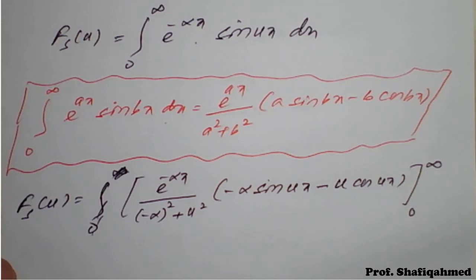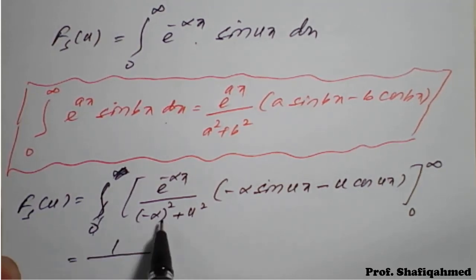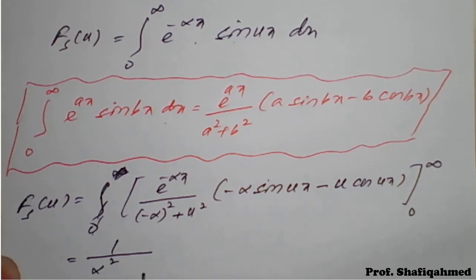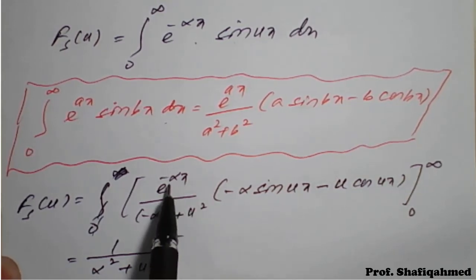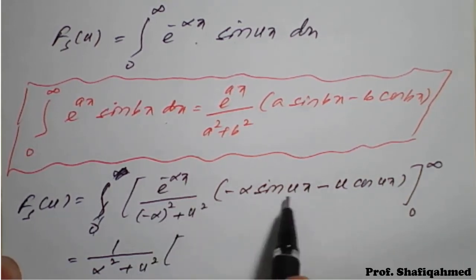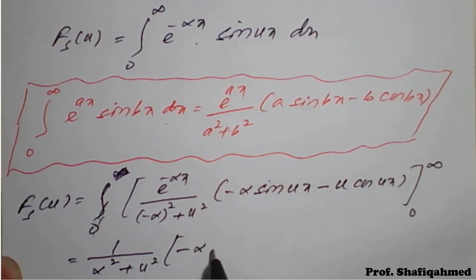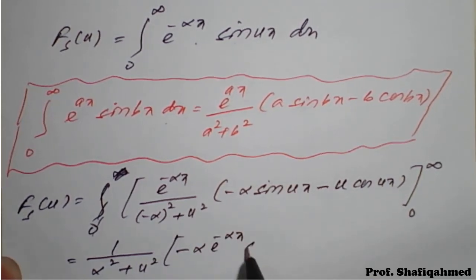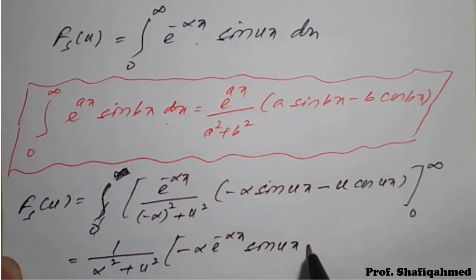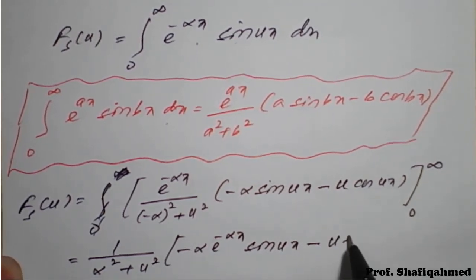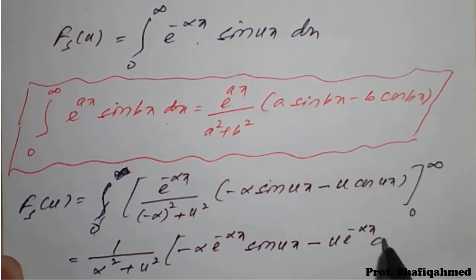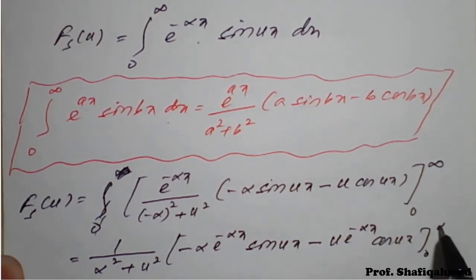Once we apply this, we will rearrange. The minus alpha square is purely constant. So it will be alpha square plus u square into, pushing e raised to minus alpha x into both the terms, minus alpha e raised to minus alpha x into sine of ux minus u into e raised to minus alpha x into cos of ux from 0 to infinity.